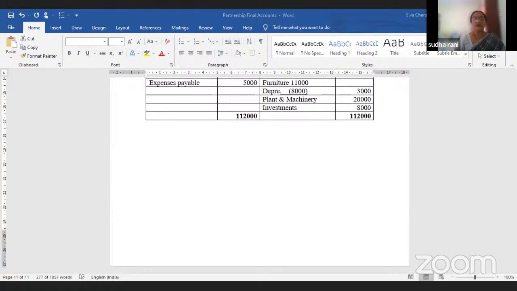Take the previous question papers and practice admission of partner sums by the next class. Instead of the textbook, if you have previous question papers, take from them and practice. Any more? I hope you all understood.